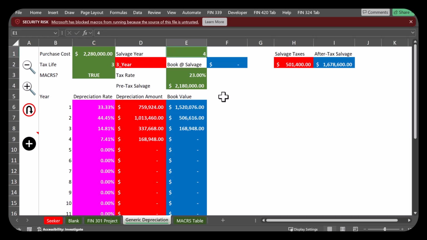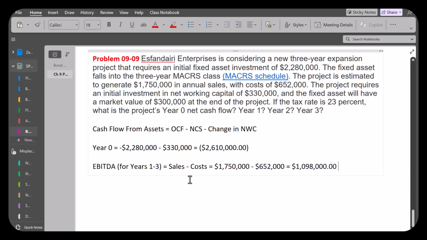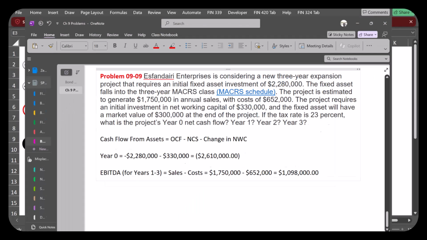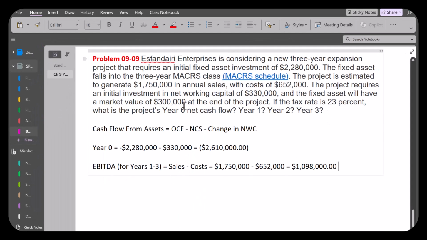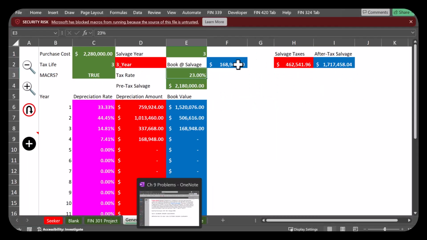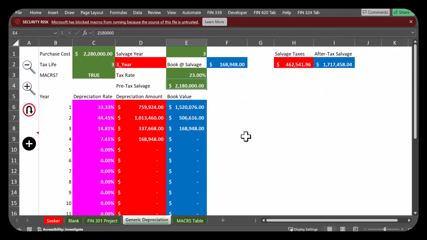Later on, we're going to need the salvage year, which happens in year 3. Let's remember the tax rate, 23%. And later, we're going to need the salvage value, 300,000. All right.